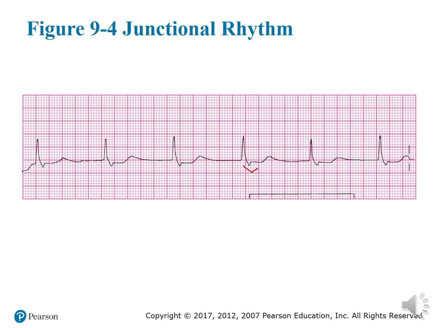As you can see, I'm trying to mark them here. Your P is after your QRS, and then you have your T wave right there. And that is a junctional rhythm.